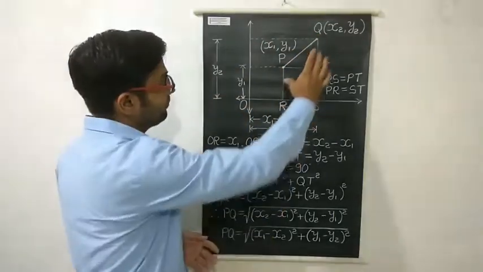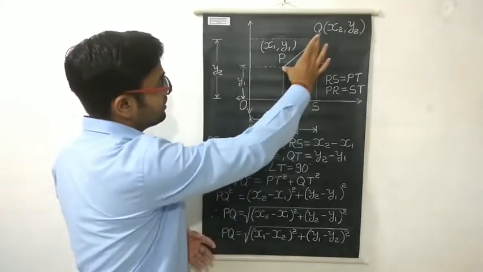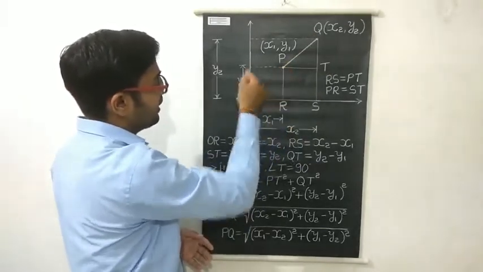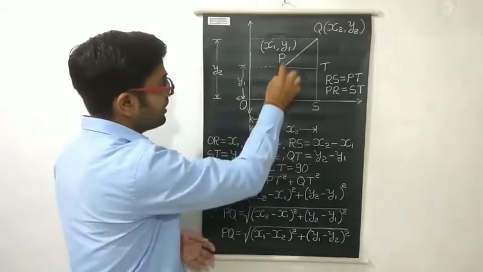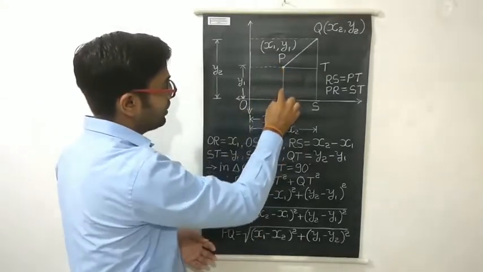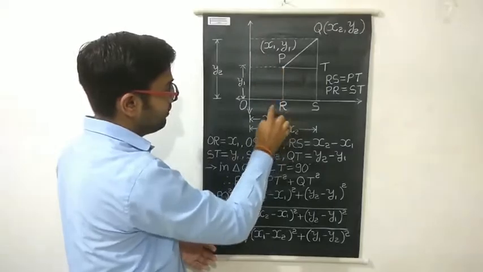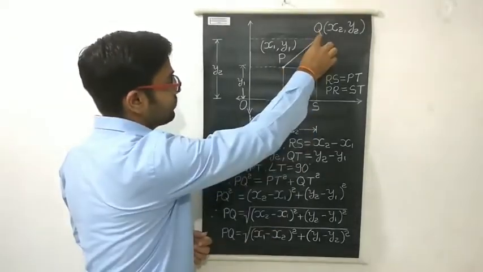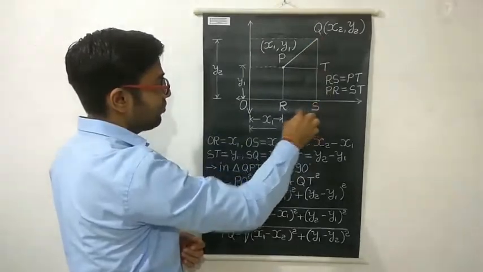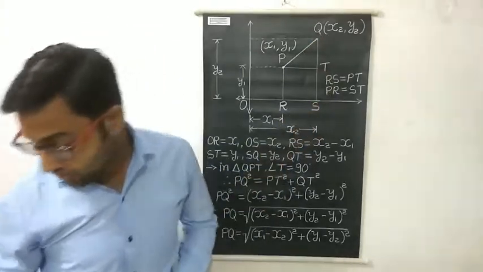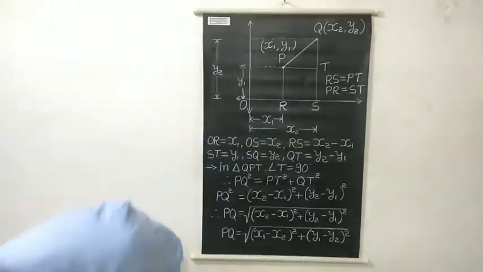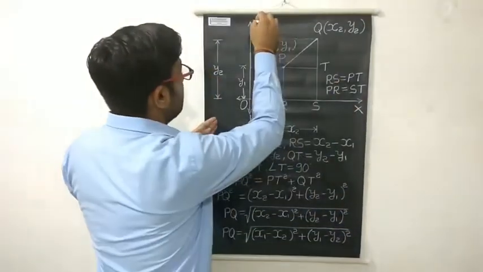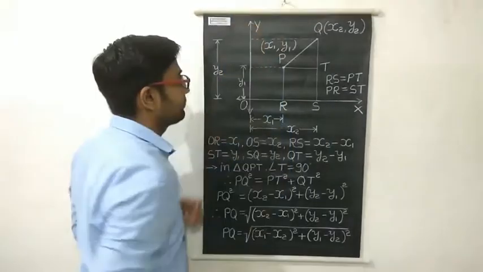Now what will happen if we extend these points to both the axes, x axis and y axis? When we extend this point to the x axis, we get a point R. In the same way, when we extend this point to the y axis, we get point S. This is the x axis and this is the y axis.